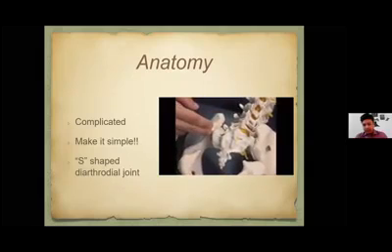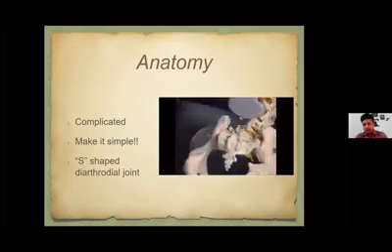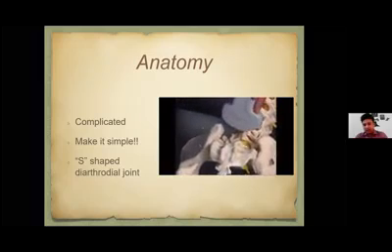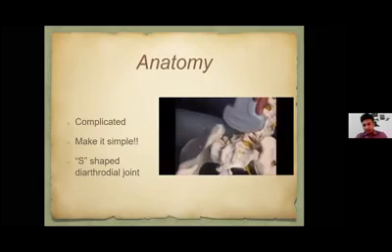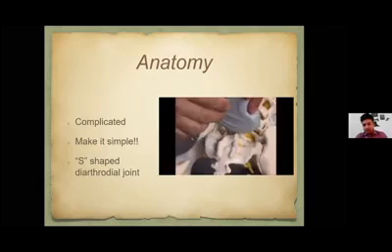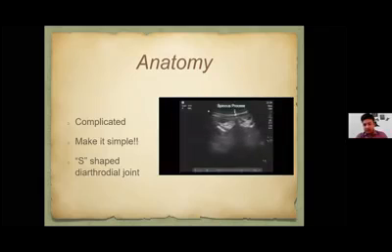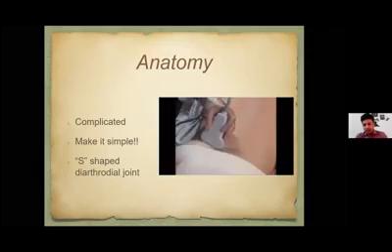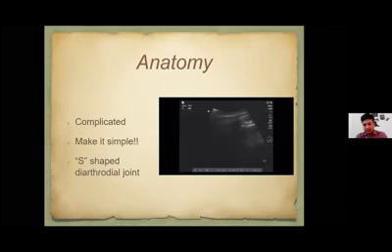The ultrasound probe that we usually use is the curvilinear probe, and we keep it in a transverse view. I try to do it with an in-plane technique rather than out-of-plane so that we can see the needle clearly. Here you can see the spinous process in the midline. Now he's moving the probe a little laterally, and you will see the lateral crest of the sacrum.